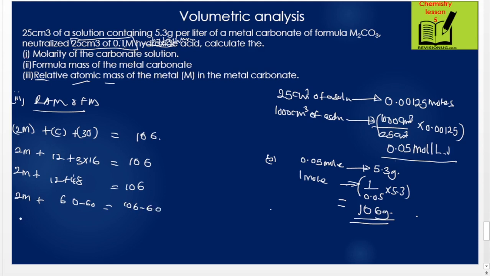Then 2M is equal to 106 minus 60, which gives us 46. Divide by 2, so M is equal to 23. Therefore the relative atomic mass of M is 23.